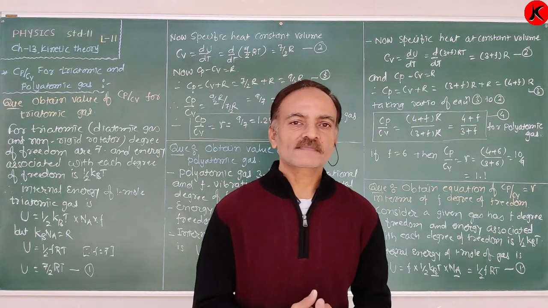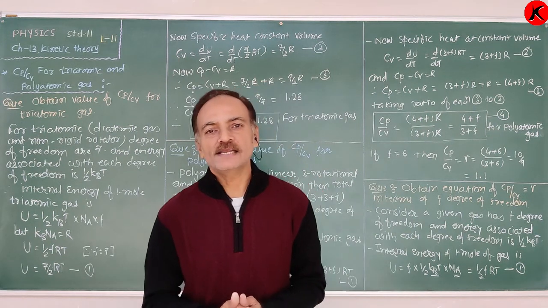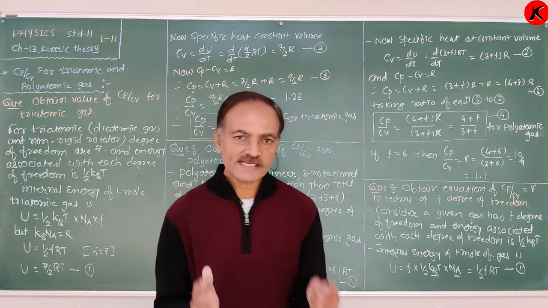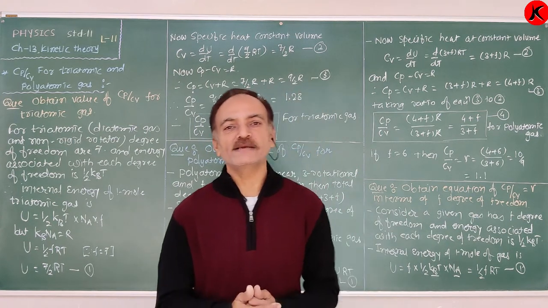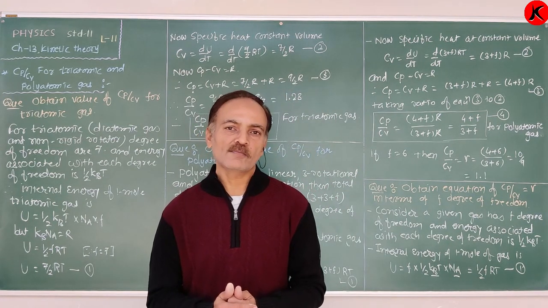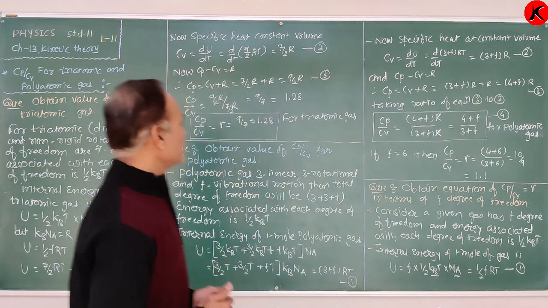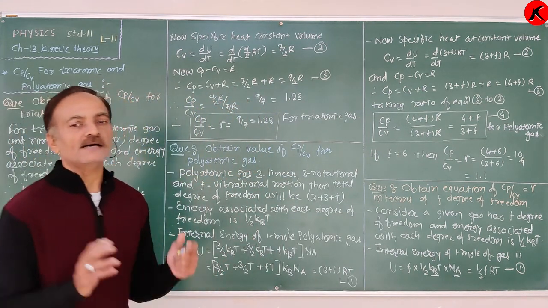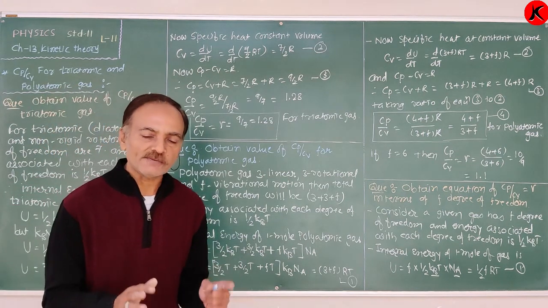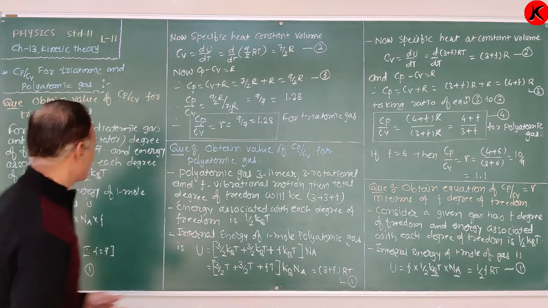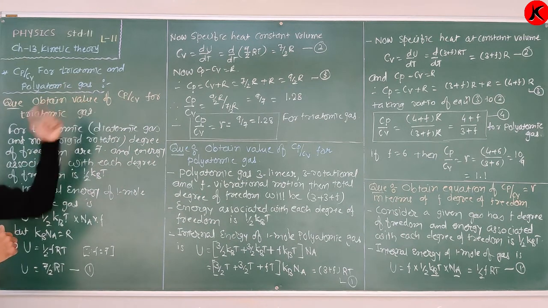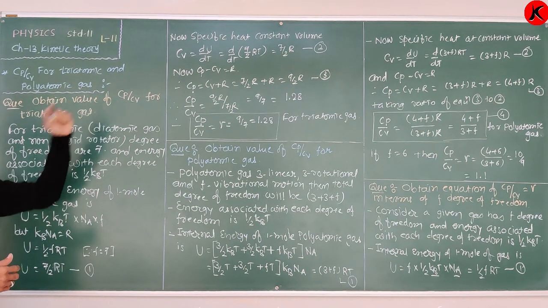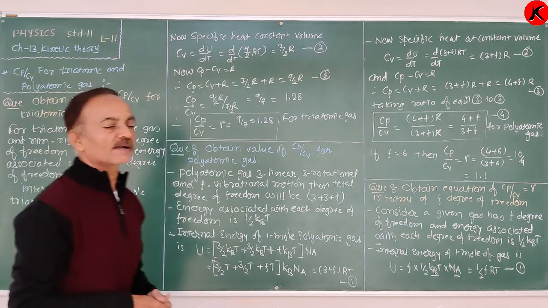In that case, it possesses only linear motion and rotational motion: three different types of linear motion and 2 rotational motion. It does not possess any vibrational motion. Therefore, the degrees of freedom are 5 for the diatomic gas with a rigid rotator, and for this type of gas we obtain the value of Cp upon Cv as 1.4.